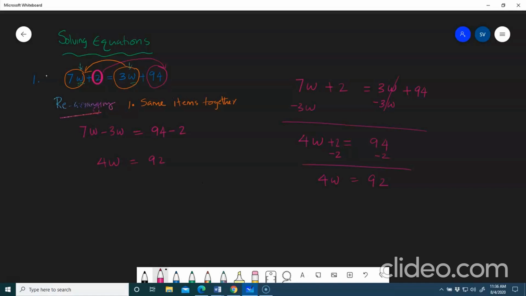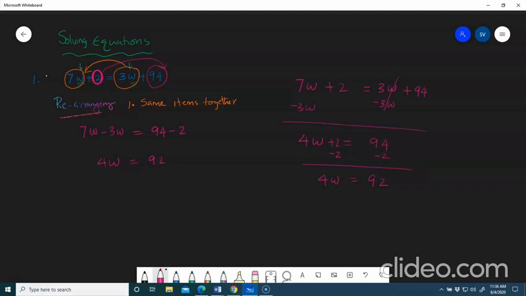See, in both cases we have the same statement as the result. Here I told you to drag to the opposite side, and here I told you to eliminate. Both have the same meaning or same effect.